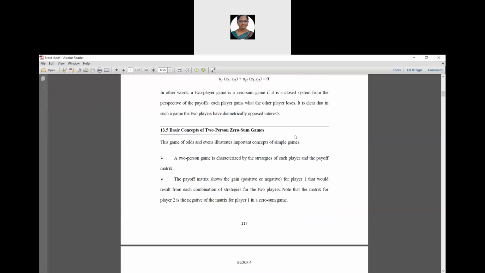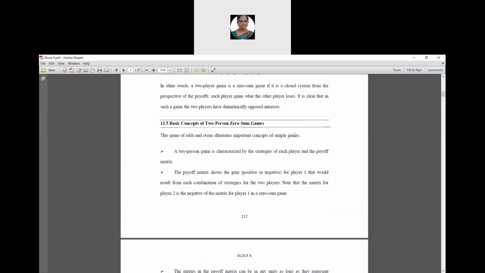Next one is basic concepts of two-person zero-sum games. Some important concepts are there. First thing is a two-person game is characterized by the strategies of each player and the payoff matrix.